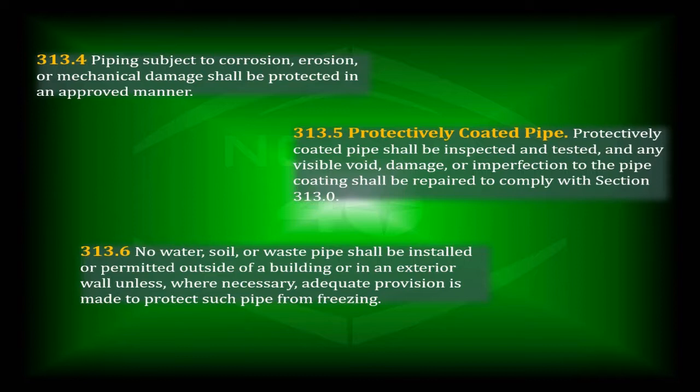313.6. No soil or waste pipe shall be installed or permitted outside of a building or in an exterior wall unless, where necessary, adequate provisions are made to protect such pipe from freezing. Okay, so we don't want pipes in a situation where they can freeze. Now, there are some situations where that's unavoidable.